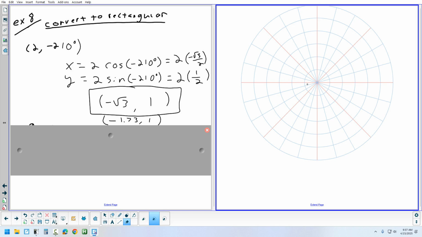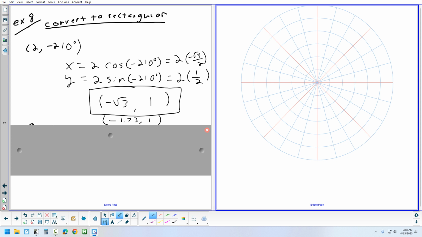Okay, so what I want to do now is show you how I can check that. You can't do this in your notes, but it's kind of neat on the smartboard. I'm going to graph the point 2, negative 210. So that's 2 units to the right, and then 210 degrees clockwise. Well, that's 180.